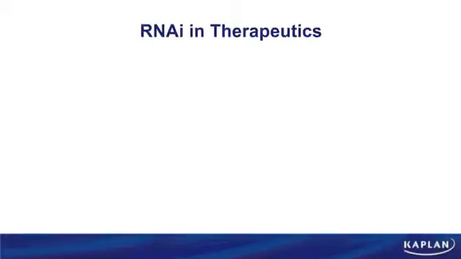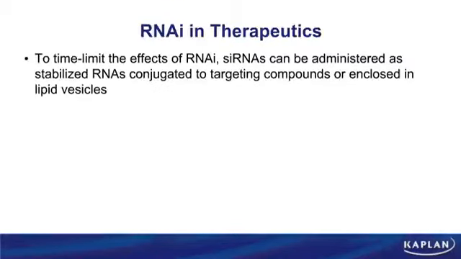Regarding RNAi in therapeutics, RNA has a very short half-life because RNA is often broken down, degraded by ribonucleases. To time-limit the effects of RNAi, siRNAs can be encapsulated in lipid vesicles and administered, or can be conjugated with adducts to try to get the siRNAs into cells to knock down gene expression.